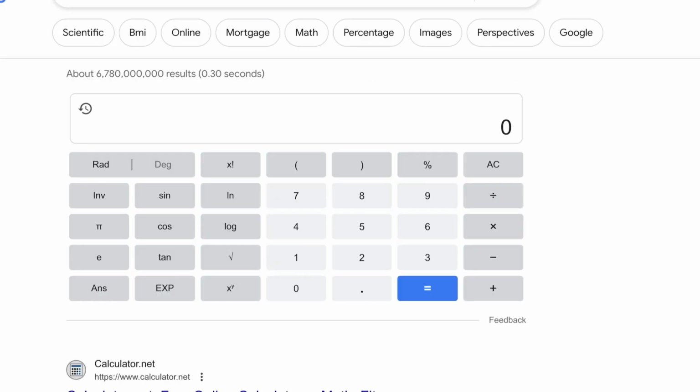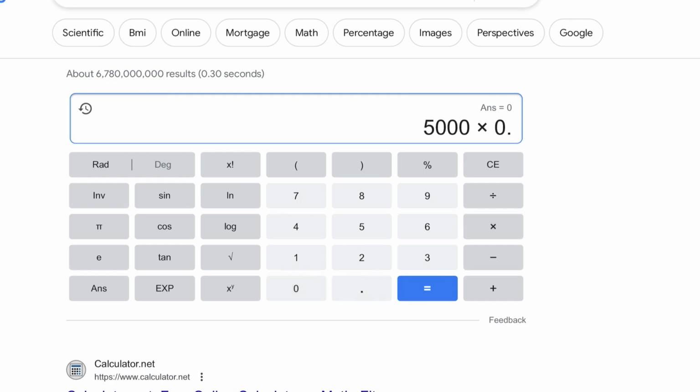And I will put that in a calculator. I'll take $5,000 times 0.045 times 5. The interest that I'll earn after 5 years is $1,125.